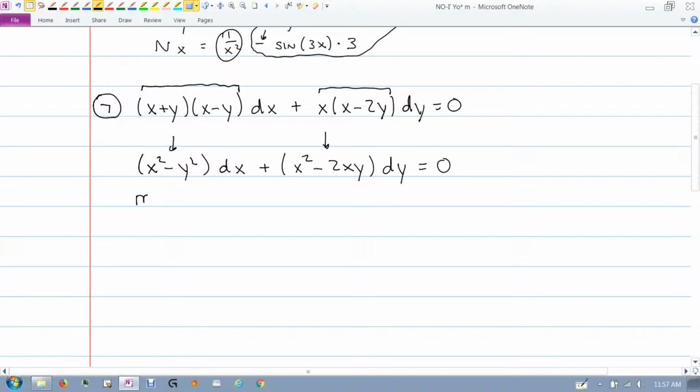So the partial of m with respect to y is negative 2y, and the partial of n with respect to x is, let's see, 2x minus 2y. So, same situation. These are not the same, and therefore it is not exact.